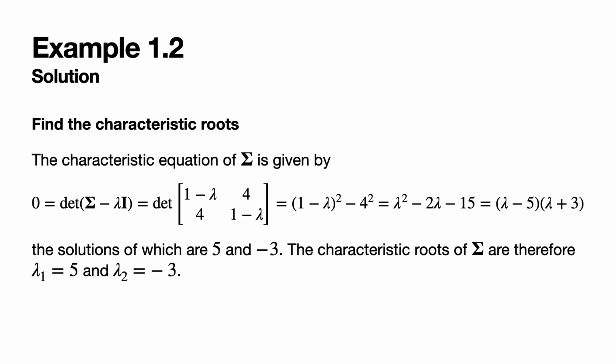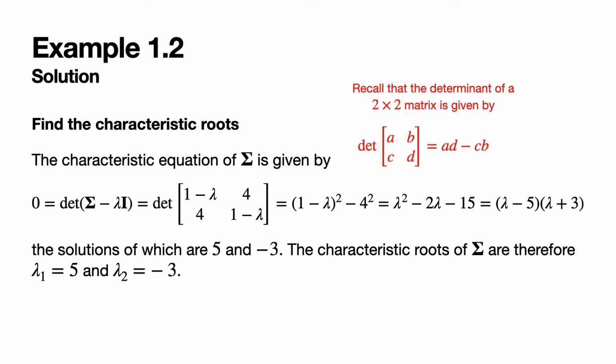Now cap sigma minus lambda times the 2 by 2 identity matrix is equal to the 2 by 2 matrix shown here, 1 minus lambda and 4 in the first row, and then 4 and 1 minus lambda in the second row.